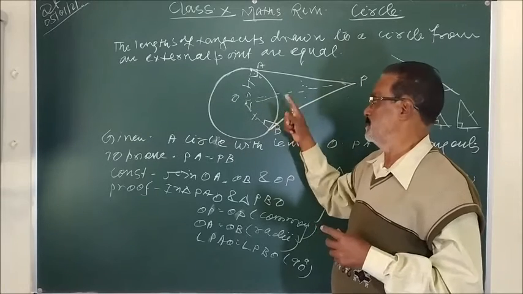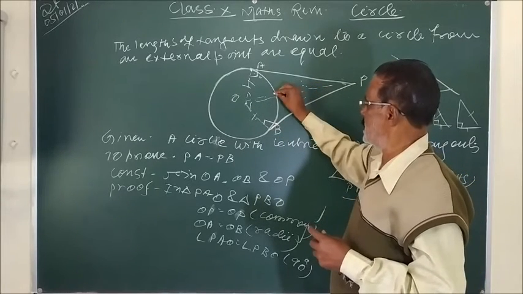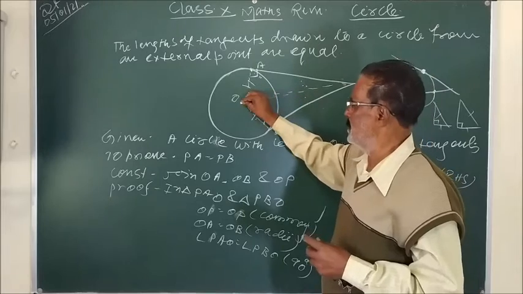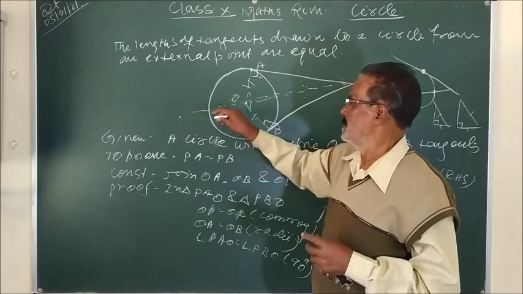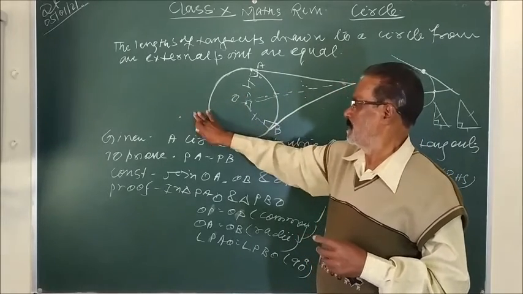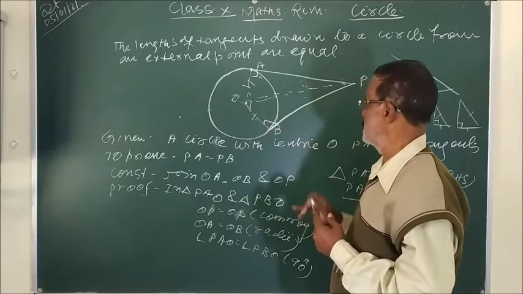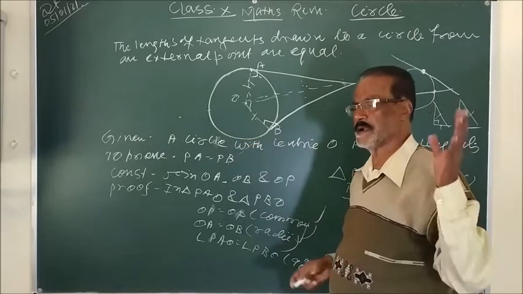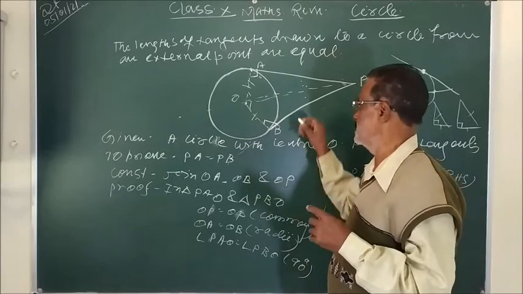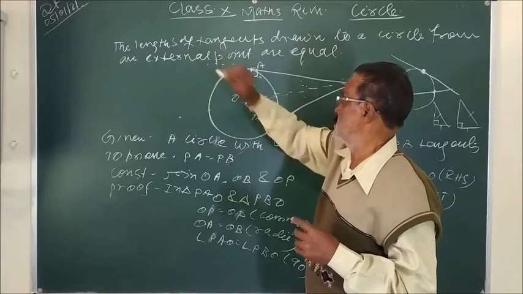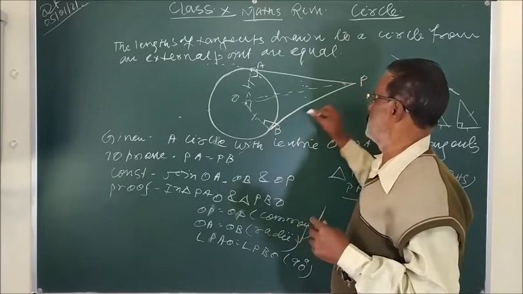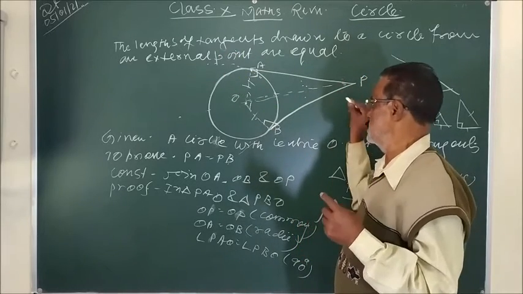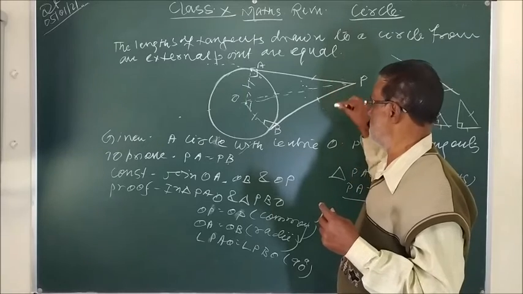PO is not a tangent because it looks as if it is intersecting, but if you extend it, it will intersect at another point, and therefore it cannot be a tangent. PA and PB, if we extend them, will go outside the circle, so these are tangents. So you have to prove these two are equal.